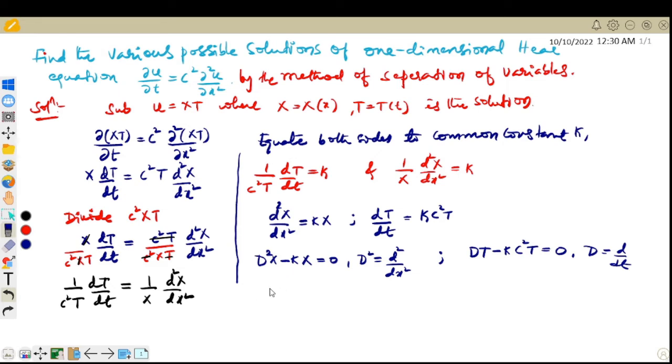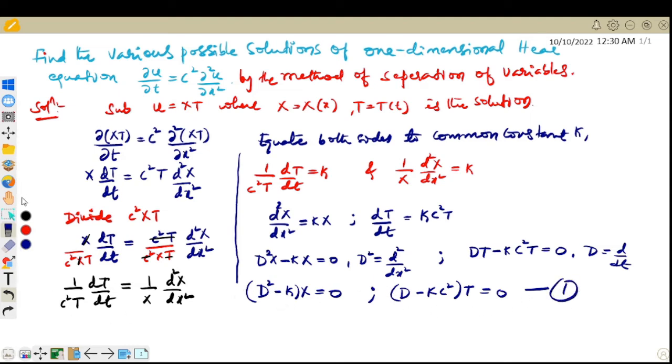Further, this is D square minus k into X equal to 0, and this is D minus k c square into T equal to 0. Call it equation number 1.